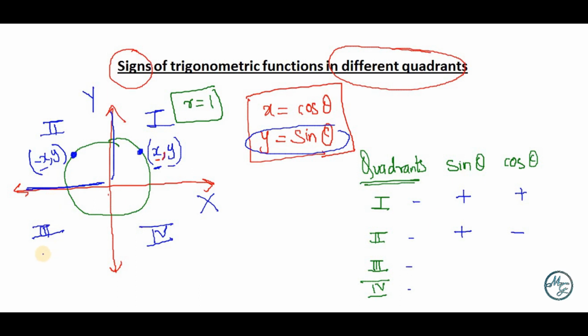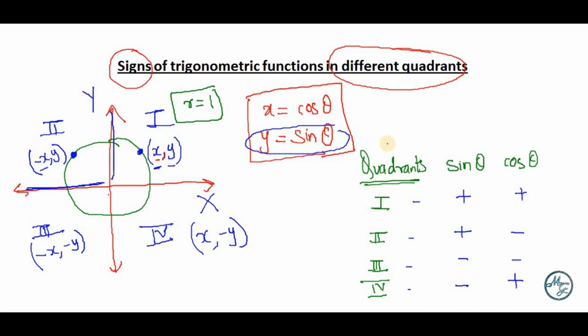In third quadrant, x is negative, y is also negative, so cos is negative and sin is also negative. In fourth quadrant, x is positive and y is negative, so cos is positive and sin is negative.